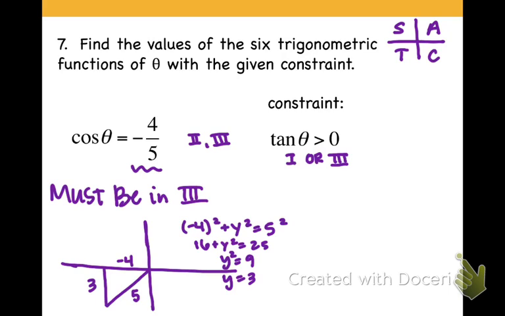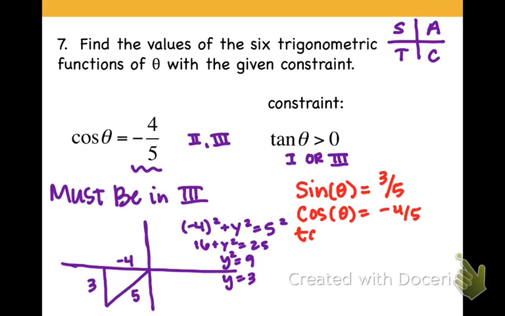And once I've finished the triangle, now I just go and make my list. Well, sine of theta is opposite over hypotenuse. So the opposite side is 3 and the hypotenuse is 5. We already know cosine, so I'm just going to put it in my list: negative 4/5.